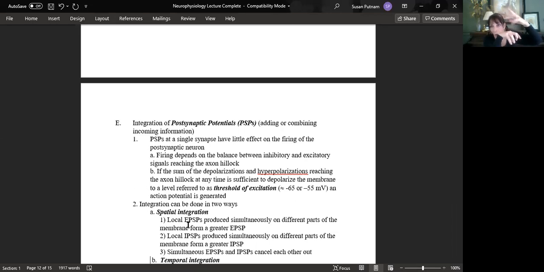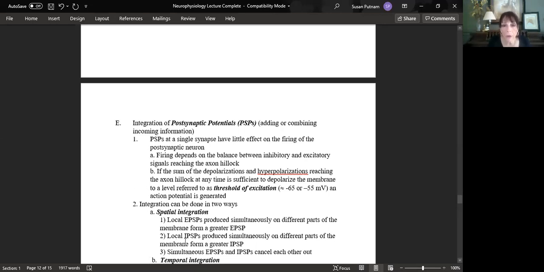If they all activate at once, if they're produced simultaneously, that will form a greater EPSP. And if that's the case, it's more likely that the neuron will fire.